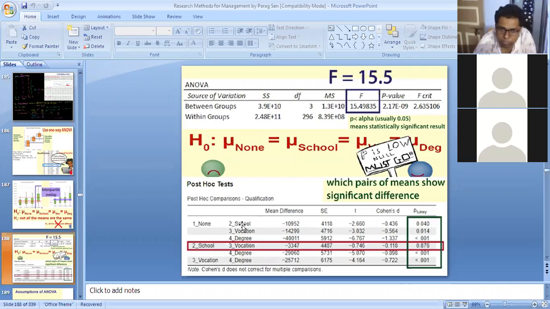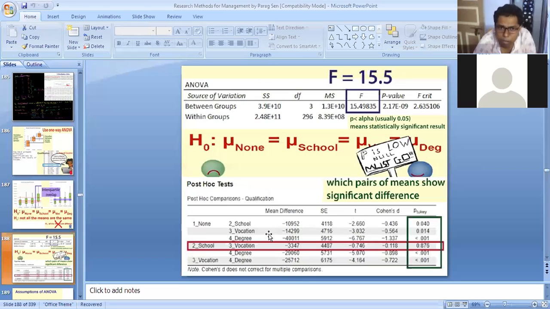So you can see that for the pair none and school, that means the group who have no education at all and the group who have done school level, if you compare them, there is a significant difference in terms of salary.